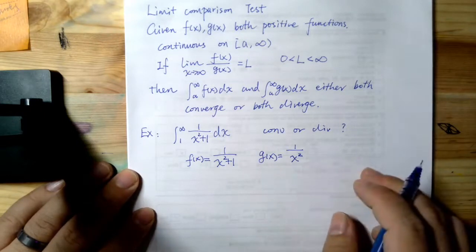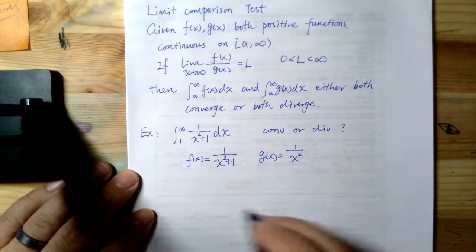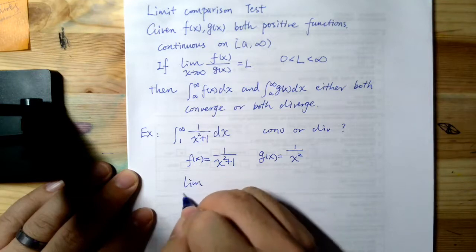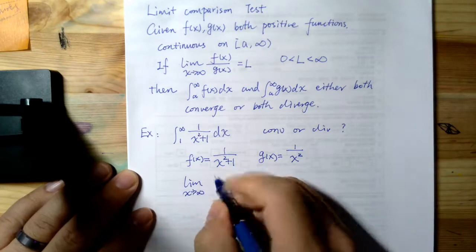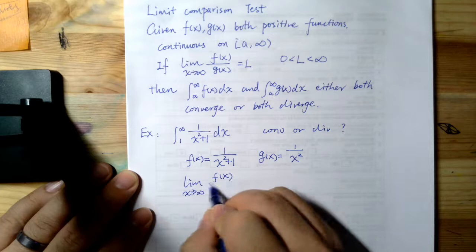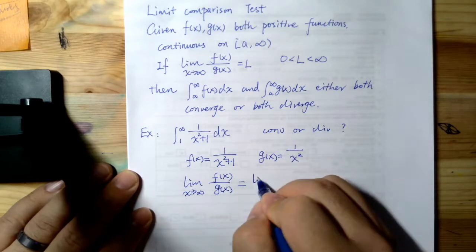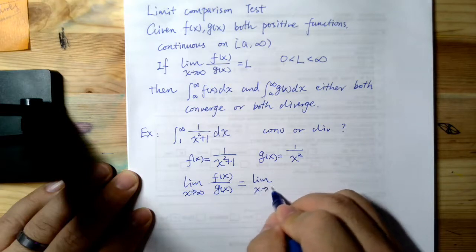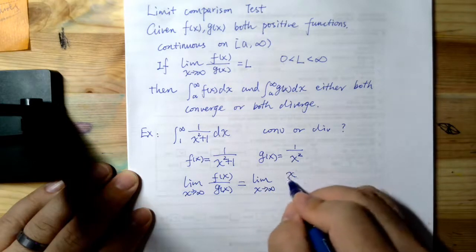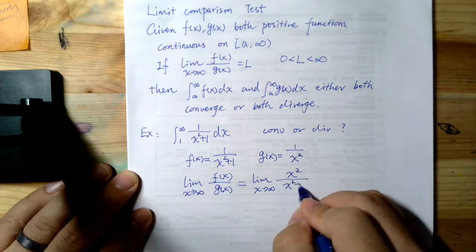We can check the limit as x goes to infinity of f(x) over g(x), which is the limit as x goes to infinity of x squared over x squared plus 1.